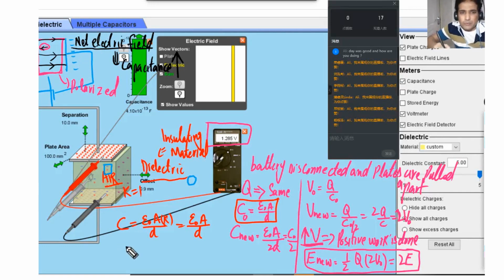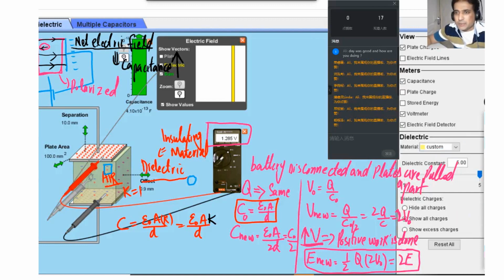So one thing we have seen from here is that we can increase the capacitance of a capacitor by just inserting a dielectric inside, meaning insulating material between the plates. So this is one way we can increase capacitance.